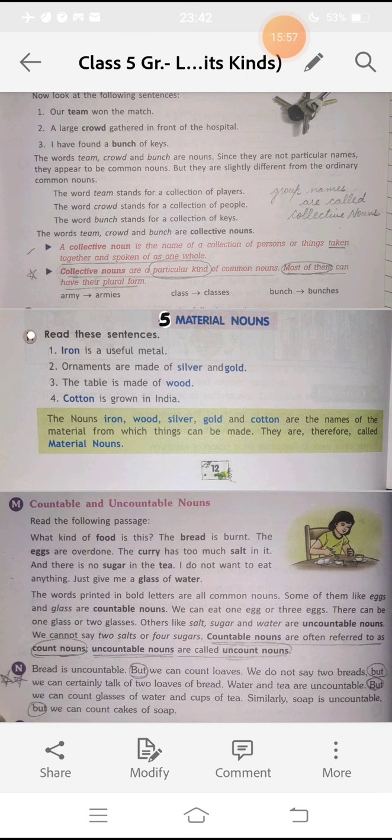Glass again, glass can be counted, 1 glass, 2 glasses. And water again cannot be counted, and it cannot make a plural also. Waters, never we say waters. Okay, never we say breads, never we say salts.